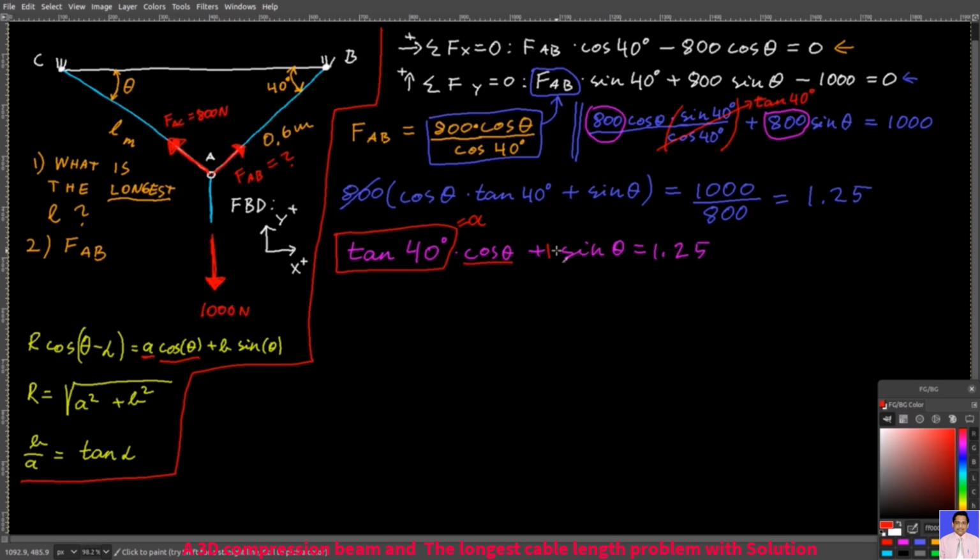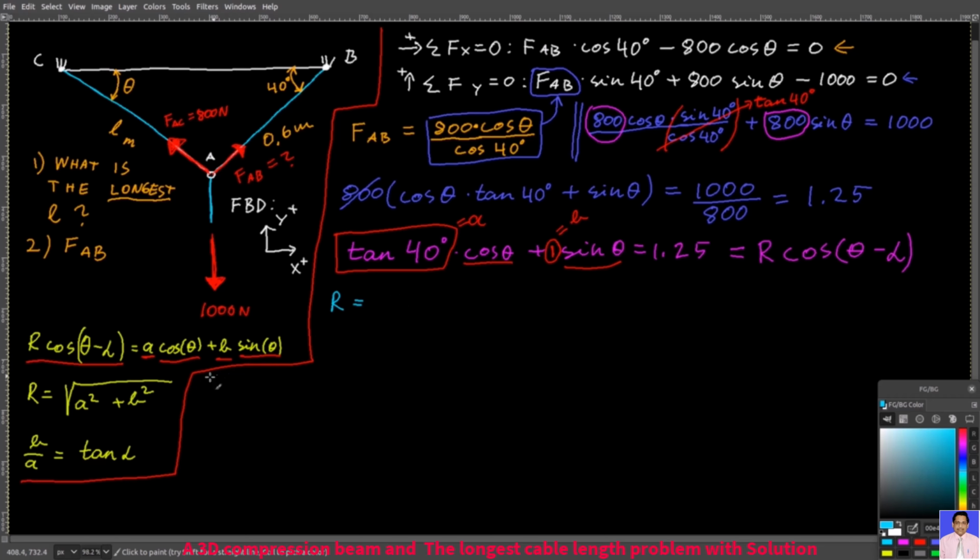And then here, well, you have 1, and so let this 1 be B. So here you have B times sine theta, and here you have B times sine theta. And so all that equals 1.25, but from here you also know that it equals R times cosine theta minus alpha.